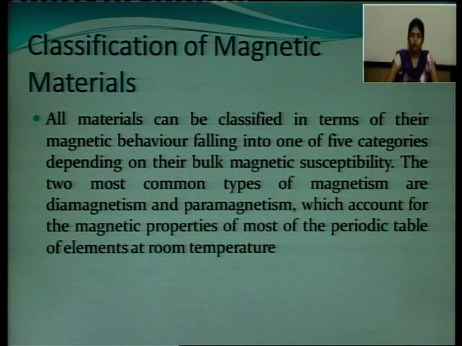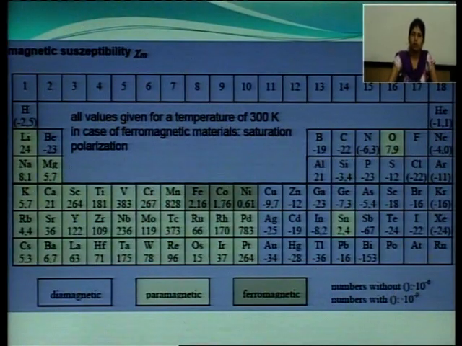The two most common types of magnetism are diamagnetism and paramagnetism, which account for the magnetic properties of most of the periodic table of elements at room temperature. See, this is a periodic table in which we have classified 3 categories: diamagnetic, paramagnetic and ferromagnetic material.